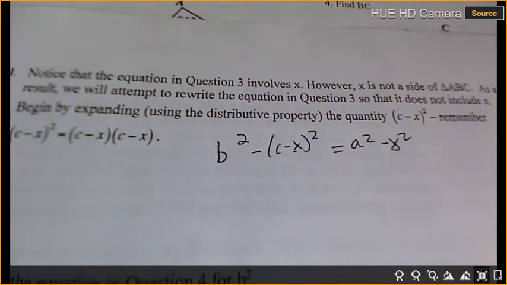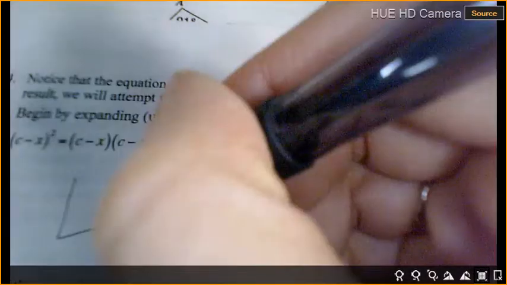So notice that equation 3 involves an x. However, x is not a side of triangle ABC. As a result, we will attempt to rewrite equation 3 so that it does not include x. Begin by expanding (c minus x) squared. You remember the box method?